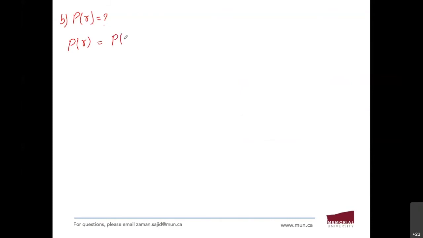So we have probability at 40 times probability of R given at 40, plus probability at 60 times probability of R given at 60. This is what we just found out in part 1 actually.